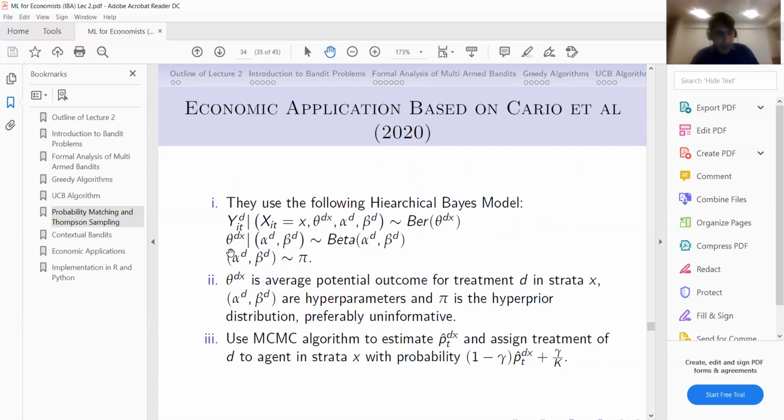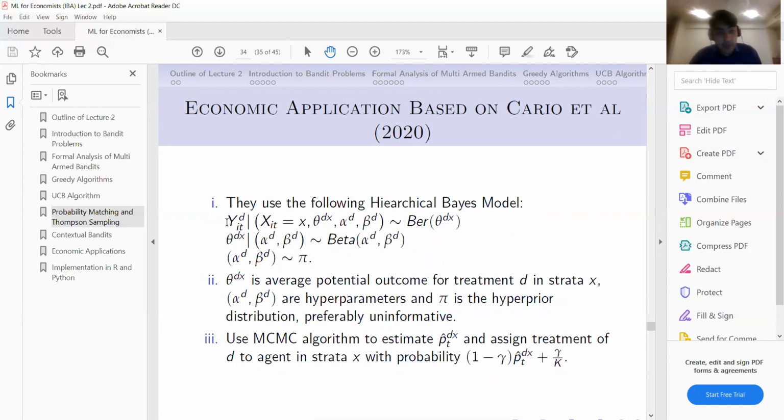So the outcome Y, which is the probability of finding a job in this example from this paper, for individual i at time t with treatment D is conditional on the characteristics of that individual that you observe at time t. So you have this X term coming up, which is a new term because this is a contextual bandit. We've not focused a lot on contextual bandits in this lecture, but this is a more complicated form of bandit in which we also have to keep track of individual characteristics.